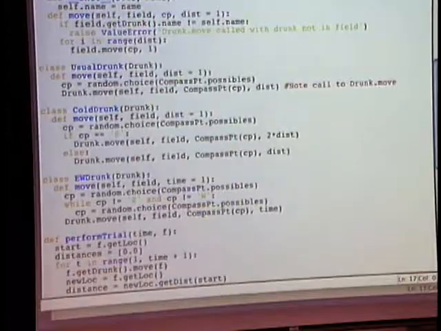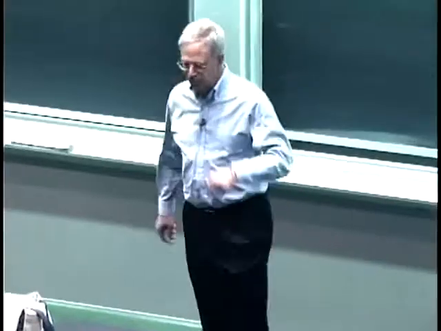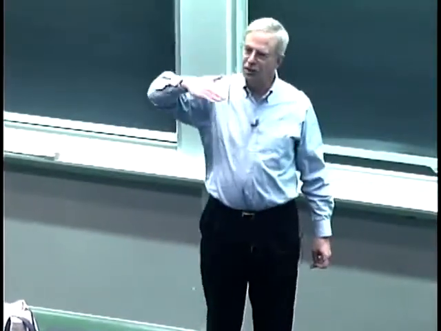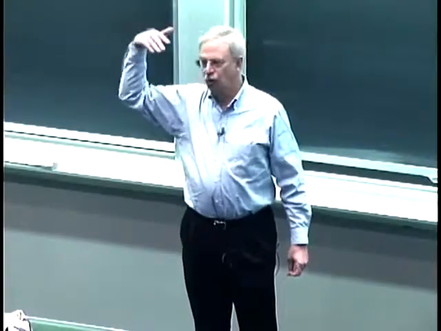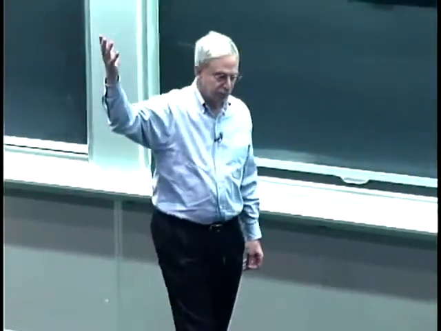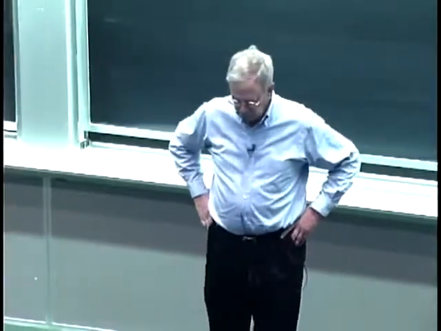So all I've done is take a couple of lines of code out of the previous implementation and move them to the subclass. So in the subclass I'm making the decision about which direction to move. Once I've made that decision, then I can call the drunk in the superclass.